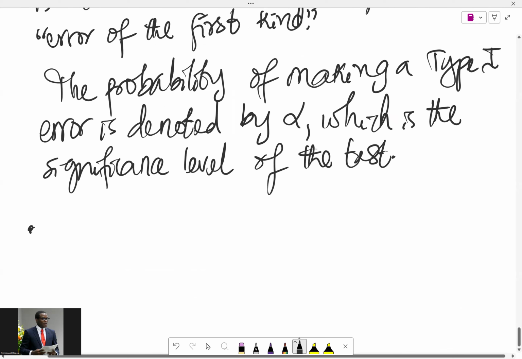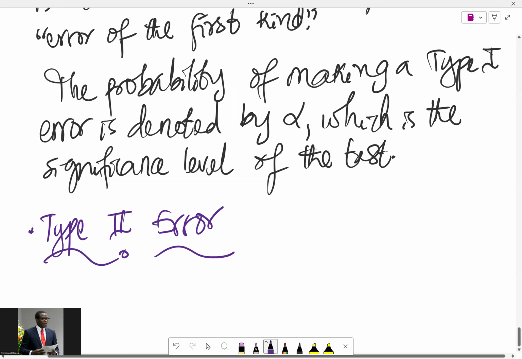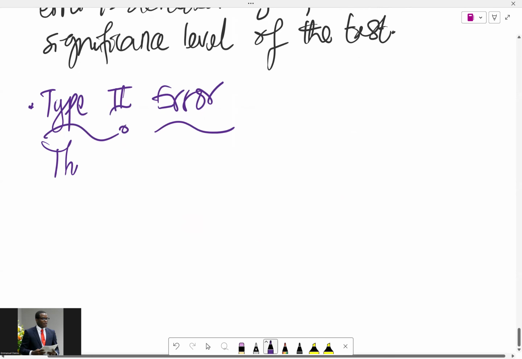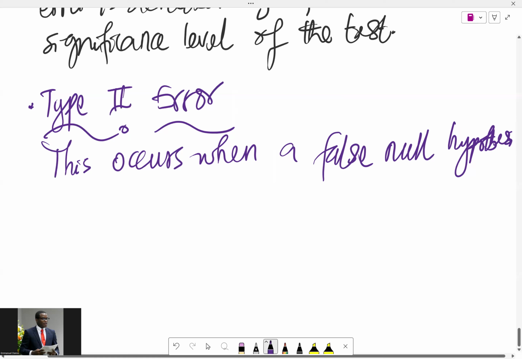Type 2 error occurs when a false null hypothesis is not rejected.